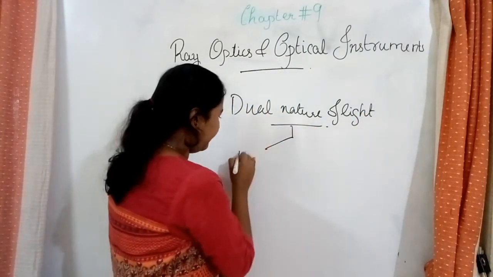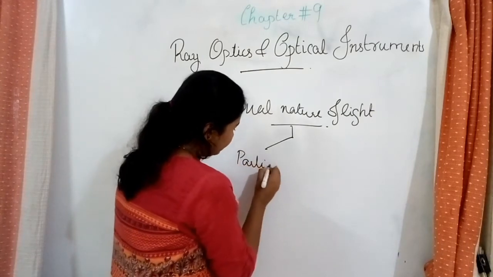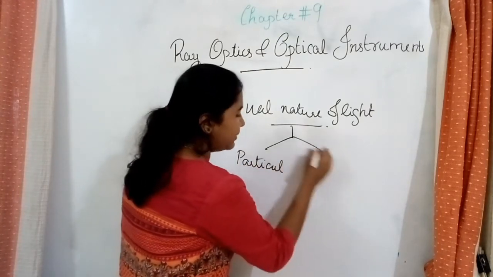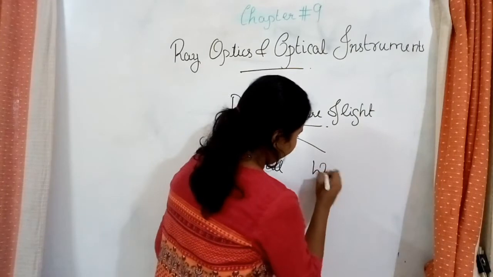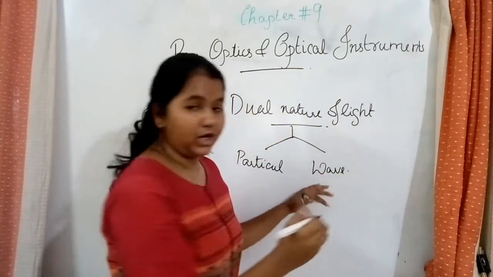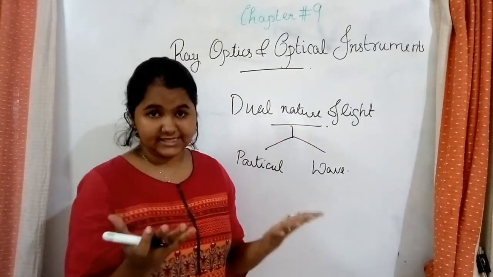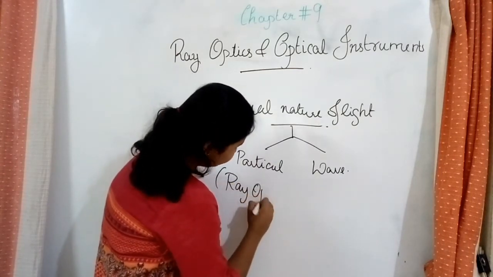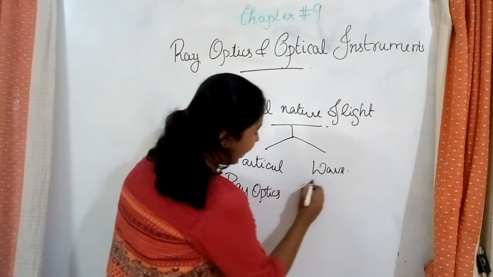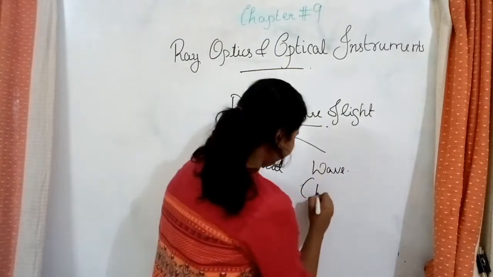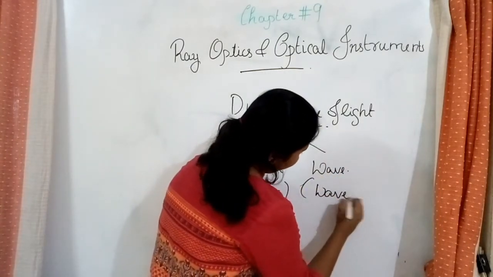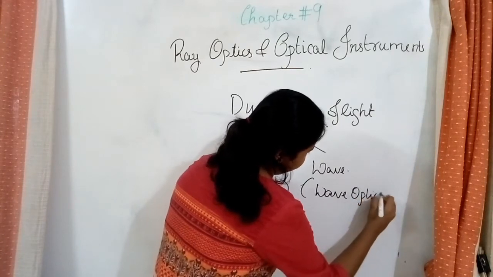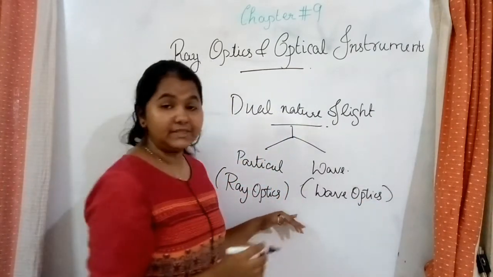Light acts as a particle as well as a wave. The particle nature of light is called ray optics, and the wave nature is wave optics. In this chapter we will be dealing with ray optics.